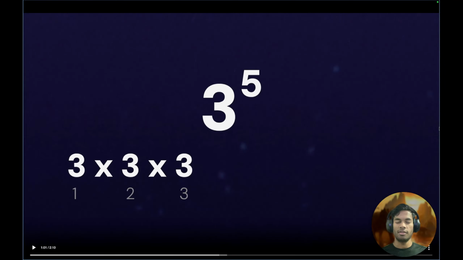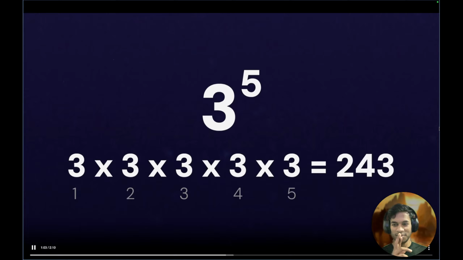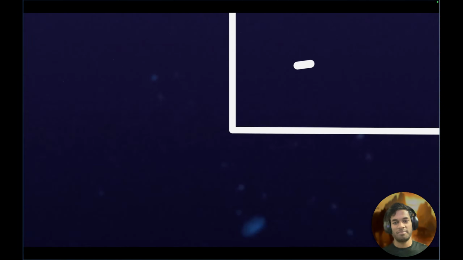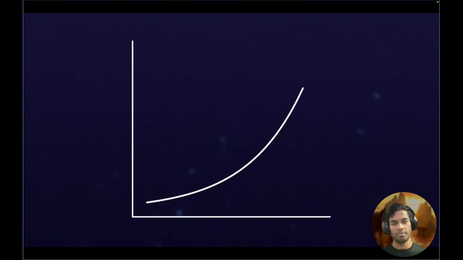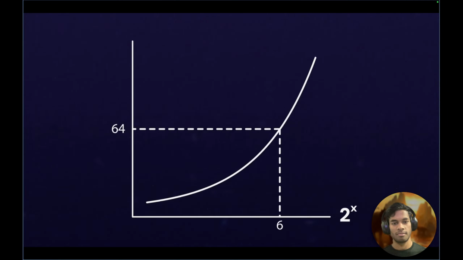And 3 raised to the power of 5 is just 3 times 3 times 3 times 3 times 3, which is 243. So the results of exponentiation actually get really big really quickly. 2 to the 6th is twice as big as 2 to the 5th.